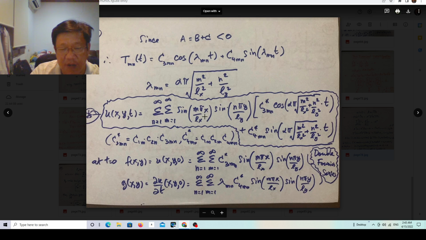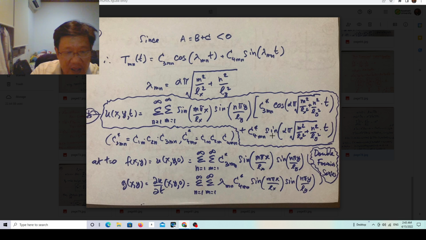And now the general solution for u of x, y, t is here. You can go back to the last two or three clips and watch them again and again to see why we come up with this general solution. This is certainly the summation of sine terms, and this is a cosine, this is the x function, the y function, and then this is a capital T function that relies on two remaining constants that you need to find, c star sub 3 mn and c star sub 4 mn.